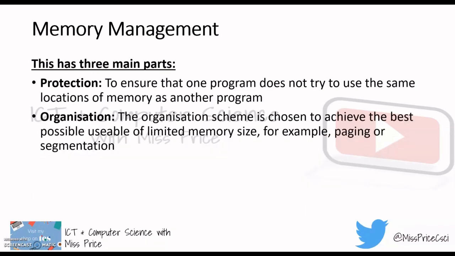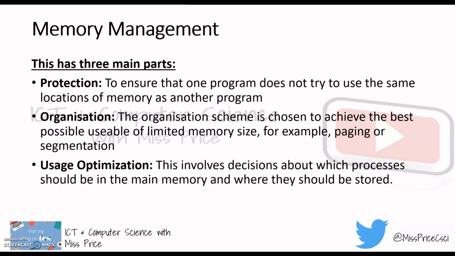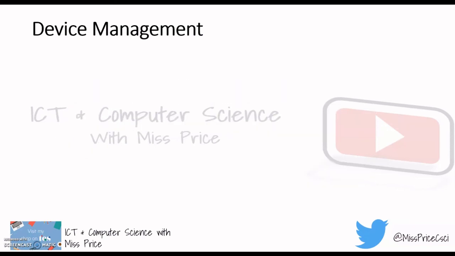Then organisation: a scheme is chosen to achieve the best possible use of limited memory size, for example paging or segmentation. Then there's usage optimisation. This involves the decision about which process should be in the main memory and where it should be stored. So: protection, organisation and usage optimisation.